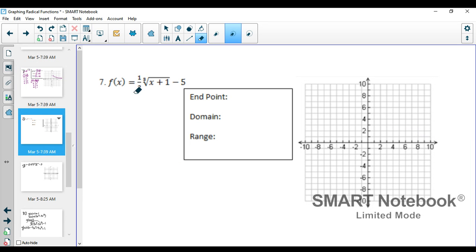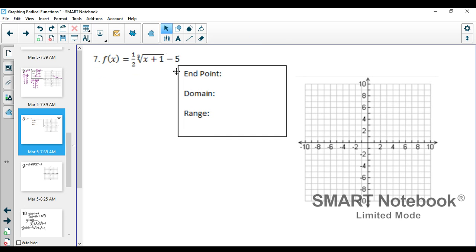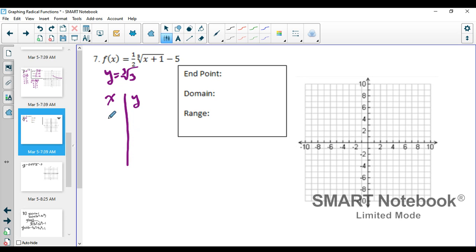All right, our next one is f of x equals 1/2 times the cube root of x plus 1, minus 5. So we're going to start with our parent function of the cube root of x. And remember, this time we can have negatives. And if you need to, go back to the second slide to get these values, because we got them on the first page, and they're never going to change.